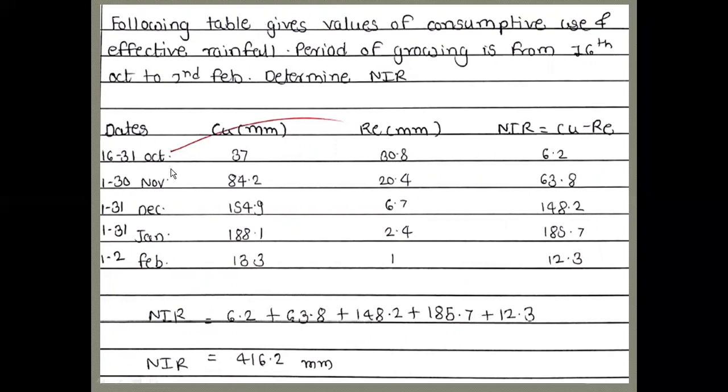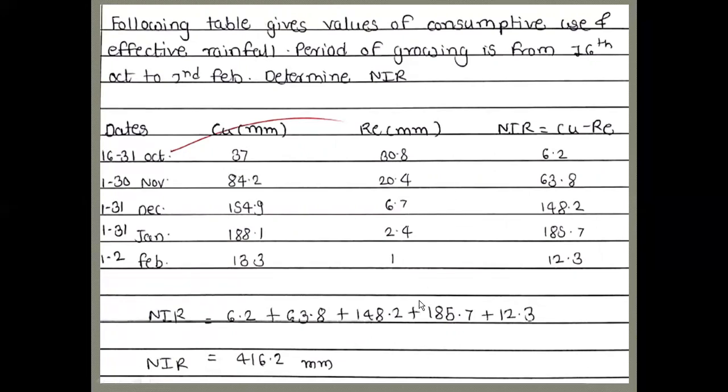The dates are 16 to 31st October, 1 to 30 November, 1 to 31 December, 1 to 31 January and 1 to 2nd February, that is October month, November month, December, January and February, and the respective values are given in this table.